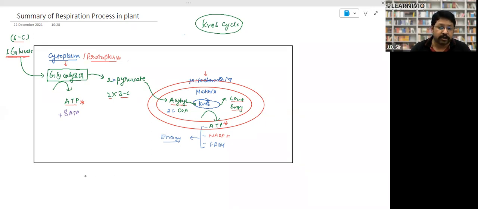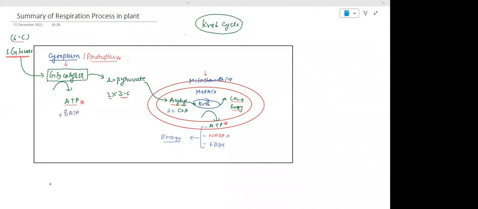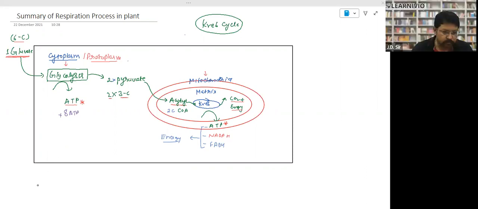And energy is produced in the form of, give me just a minute. So what will happen is that acetyl coenzyme A will enter the Krebs cycle, and complete burning will take place.